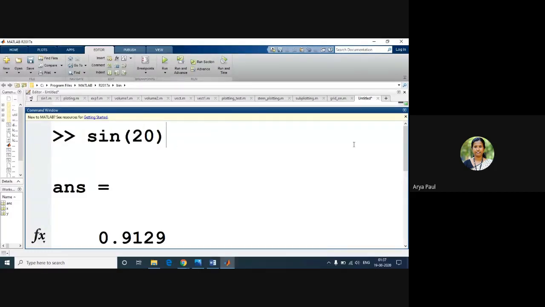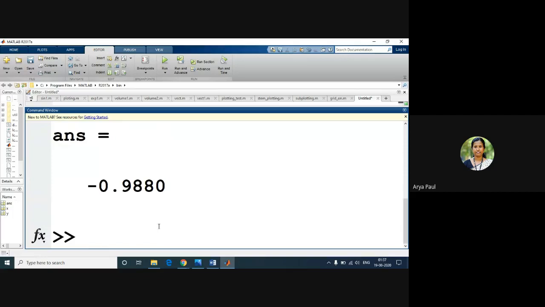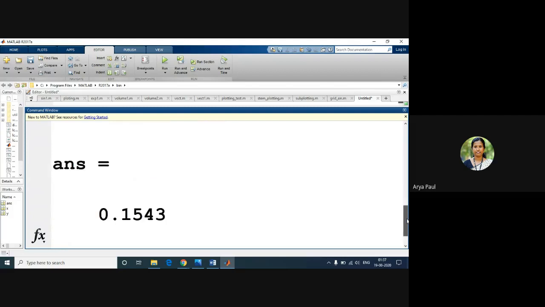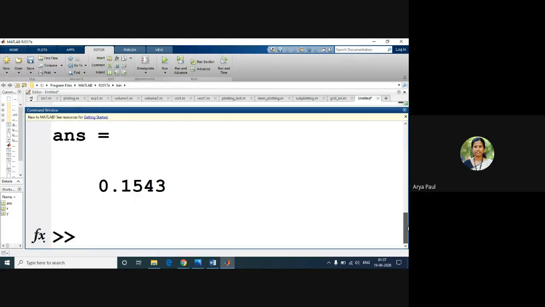Similarly, cosine: you can type cos of 30. Like the sine function, the cosine function also takes it in radians. So please note that.